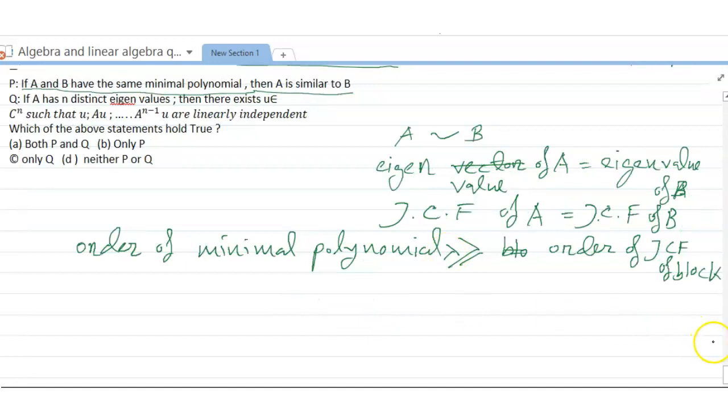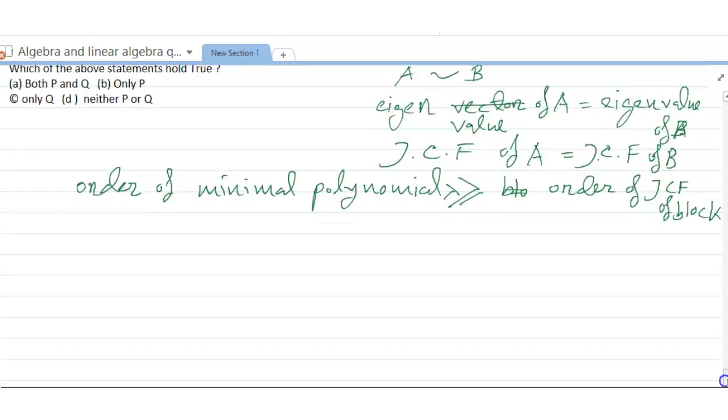So friends, if the minimal polynomials of A and B are both equal, suppose x minus 1 whole square times x plus 1 is my m(x), for both A and B.